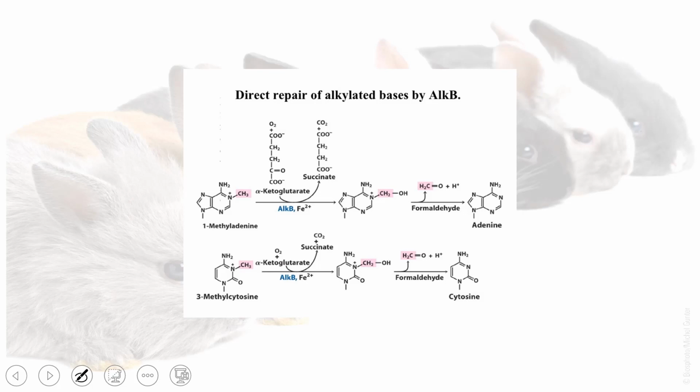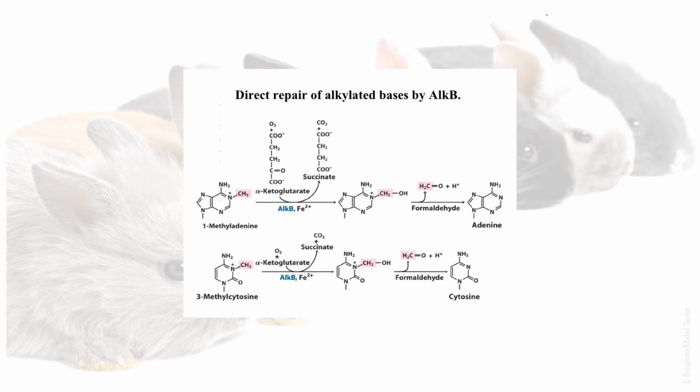In order to reverse a mutation, you have to do what's called a direct repair. You have to basically eliminate whatever mutation happened. A good example of this is alkylation.